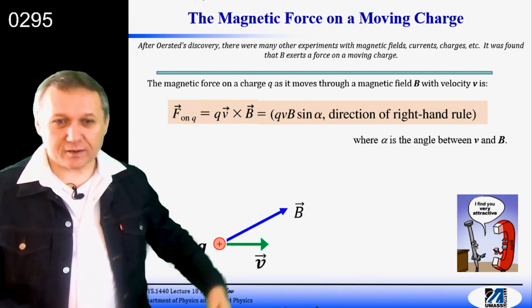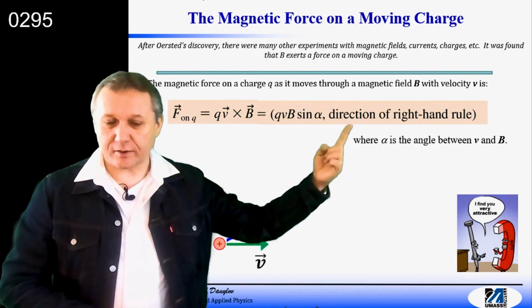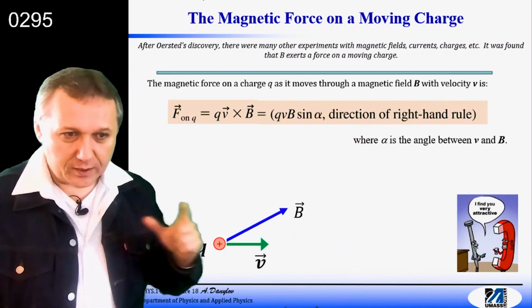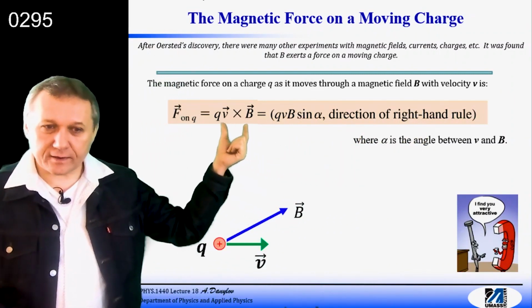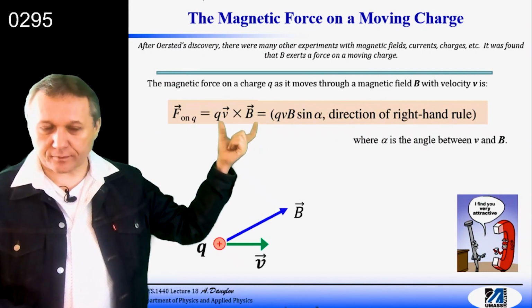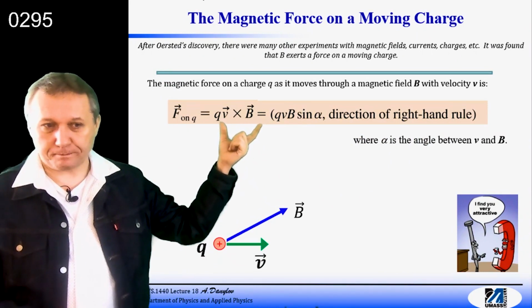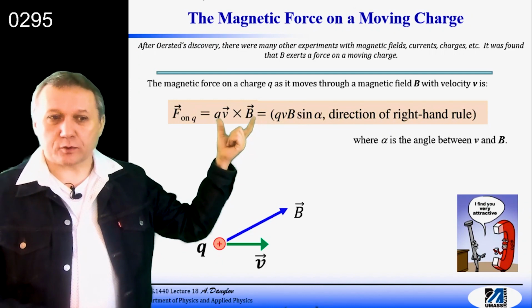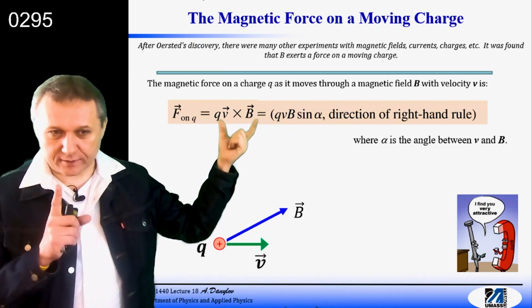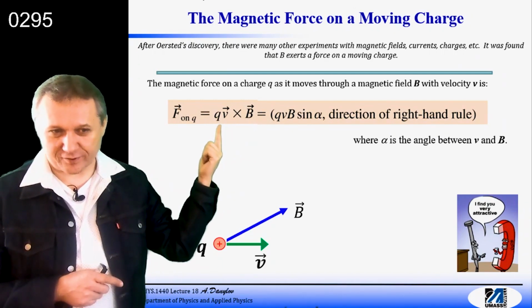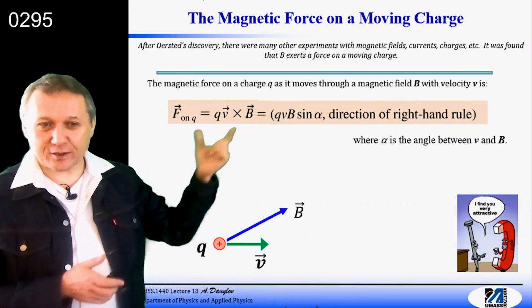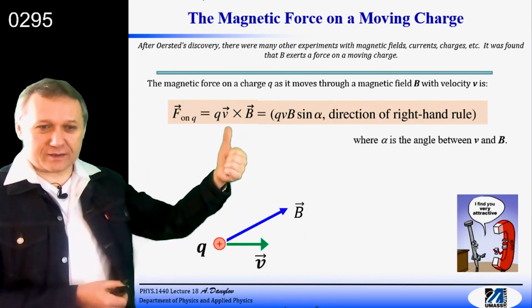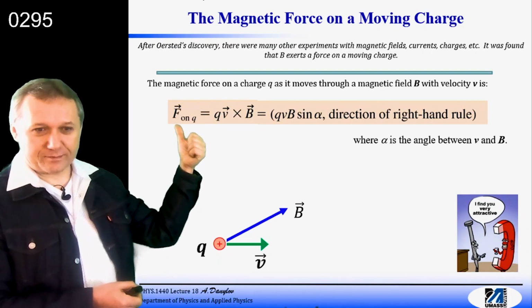Direction can be found using the right-hand rule, but you have to be careful. It's not a complete story. First, you find the direction of this cross product, V cross B. That's the first step. After that, you have to check the sign of the charge. If your charge is positive, then yes, the direction of V cross B gives you the direction of the magnetic force.